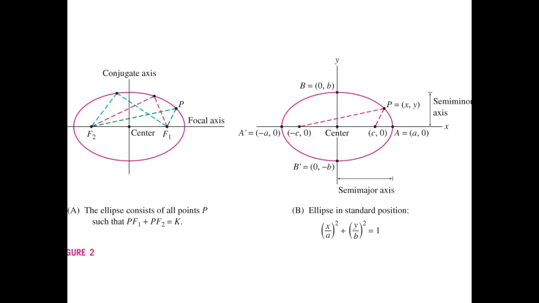Now, how does that differ from a circle? Your a's and b's are the same. So that would be x squared over a squared plus y squared over a squared is equal to 1. Multiply both sides by a squared, you get x squared plus y squared is equal to a squared.